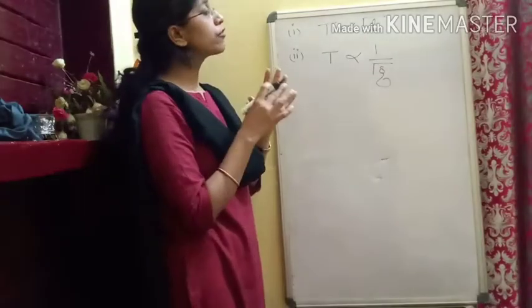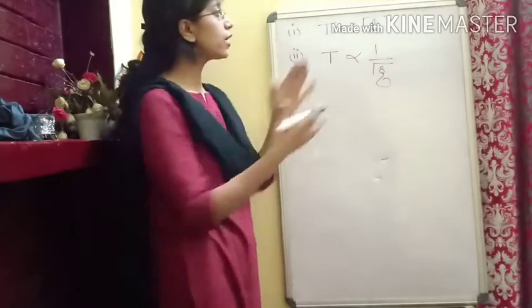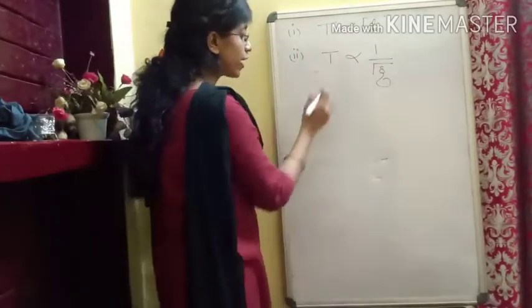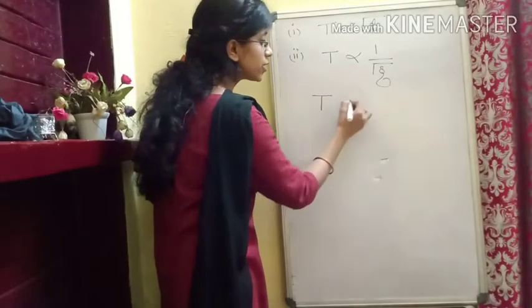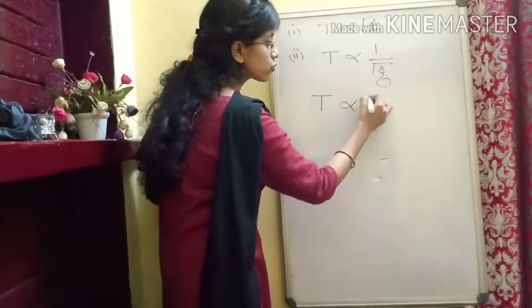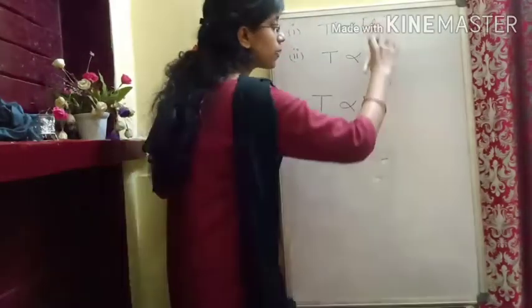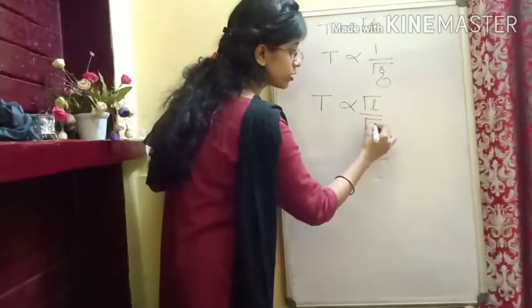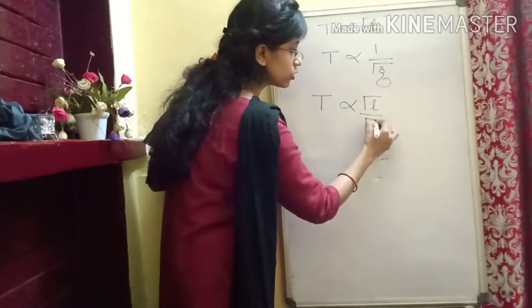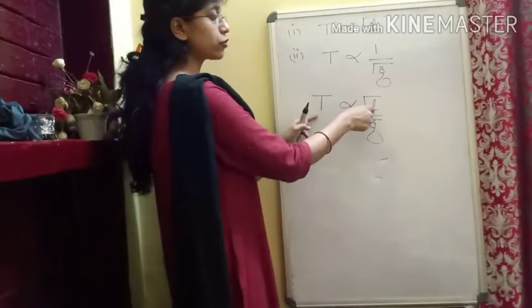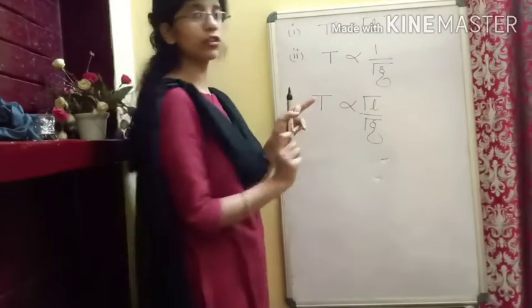Okay, now these two pieces of information we have collected during the experiment, and now I combine the two. We have gathered that T is directly proportional to the square root of length. It is also, I'm just combining the information, inversely proportional to the square root of the acceleration due to gravity. Directly proportional to effective length, inversely proportional to gravity.